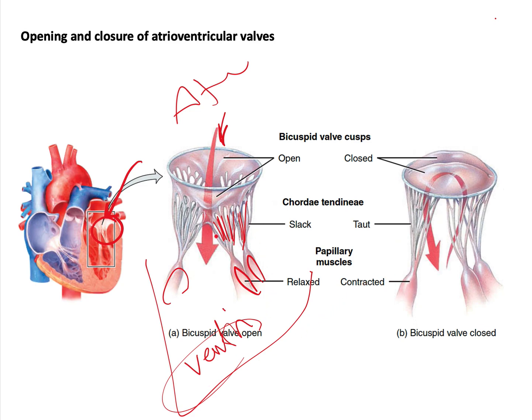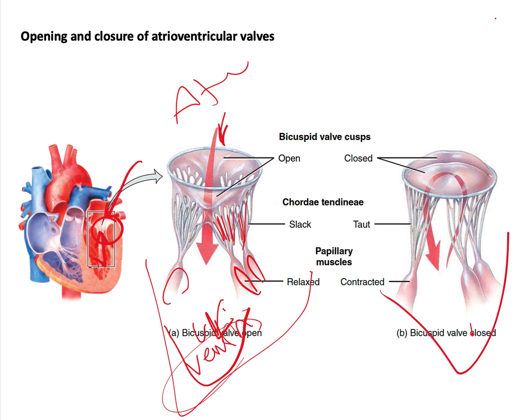Now, once the blood in the ventricle increased and the pressure in the ventricle increased, the ventricle will contract, and when it contracts, the blood will slam shut the cusps, as you see here.